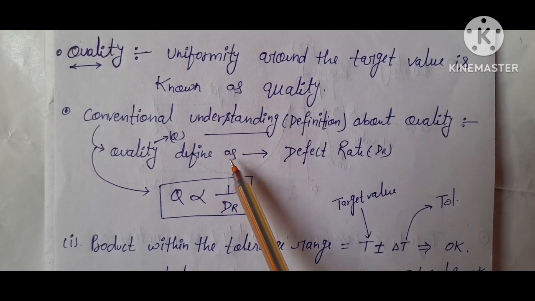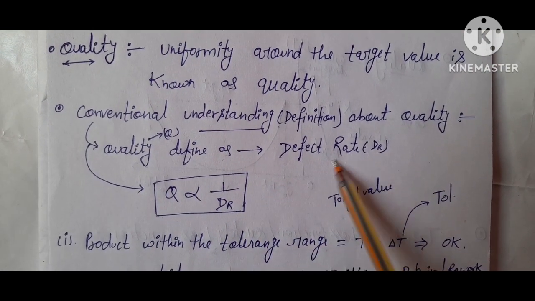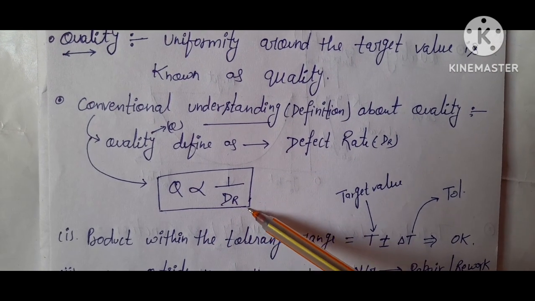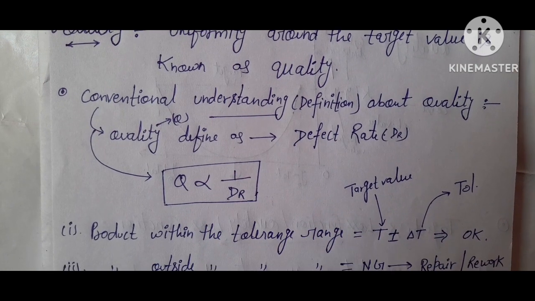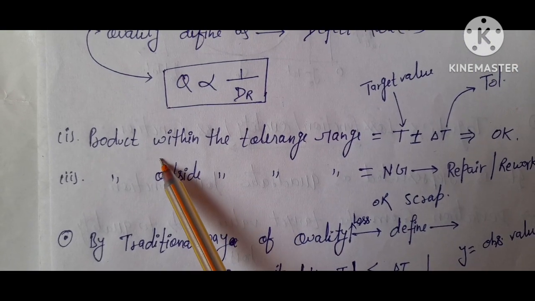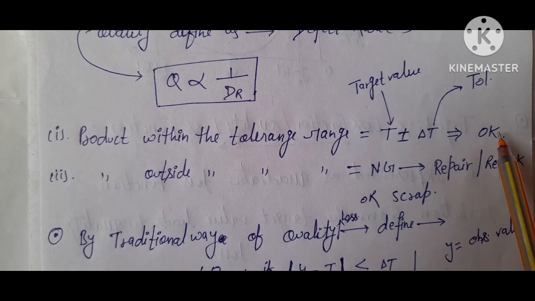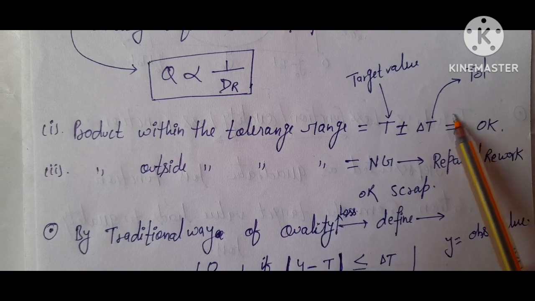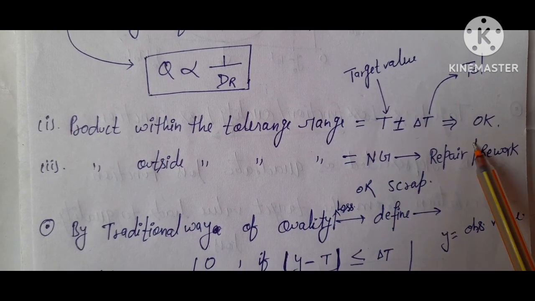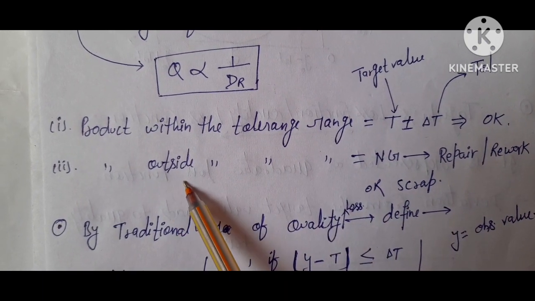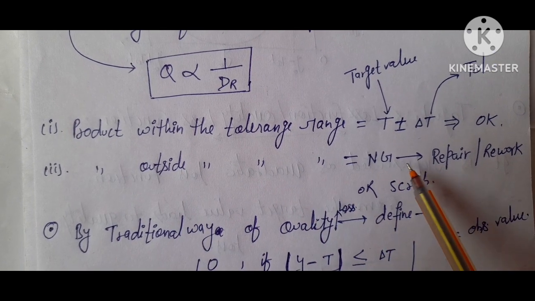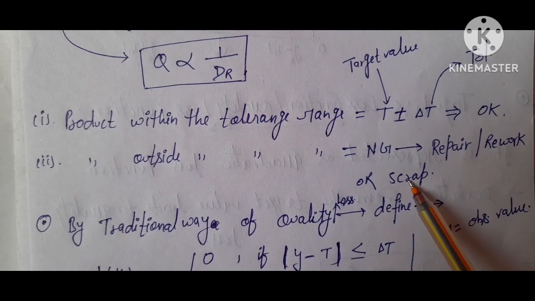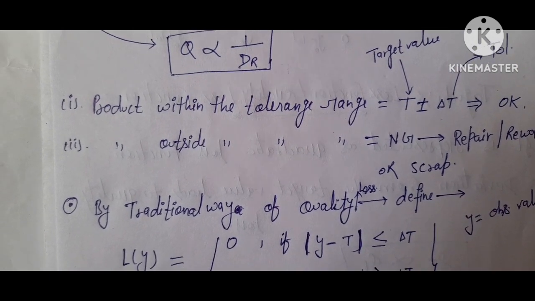What do conventional methods define as quality? Quality is defined by the defect rate, and it is inversely proportional to quality: if the defect rate increases, then quality will decrease. If the product is within the tolerance range, then it is okay. T is the target value, plus minus delta T is the tolerance. If the product is outside the tolerance range, it is called NG, and it needs repair, rework, or at last is scrapped.